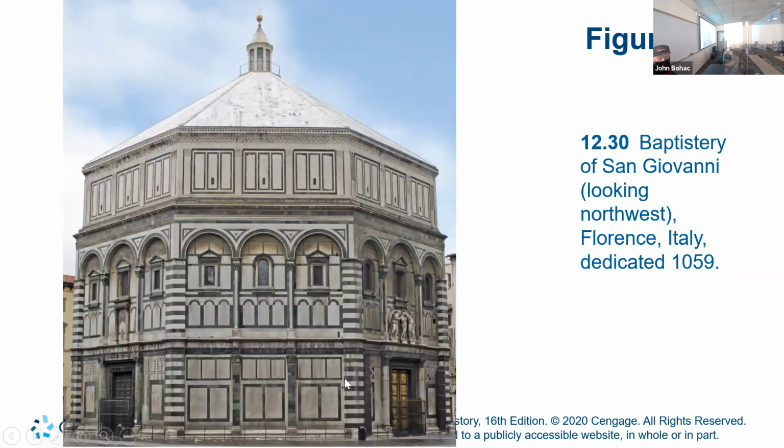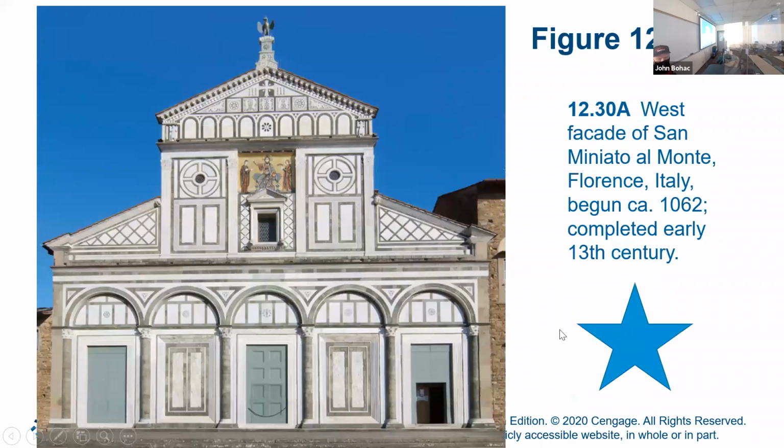And this is the baptistry in Florence. One of the ways that it develops in Italy is that they're a little closer to Greece and Rome, and they come upon a lot of this classical notion that mathematics is truth.